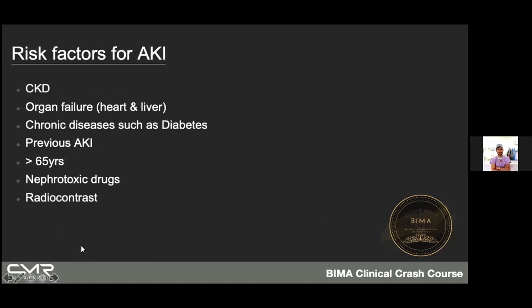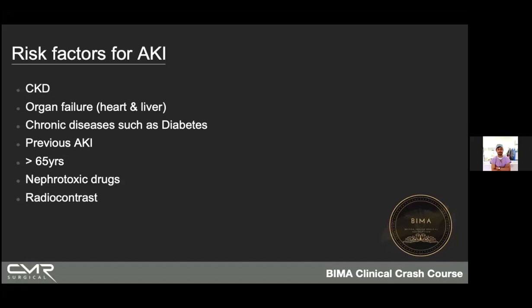So what are the risk factors for AKI? Having chronic kidney disease unfortunately leaves you quite susceptible to having an acute kidney injury. Having organ failures, so this could be heart failure, this could be liver disease, and liver failure can also precipitate AKI.